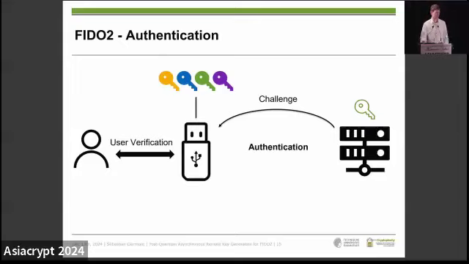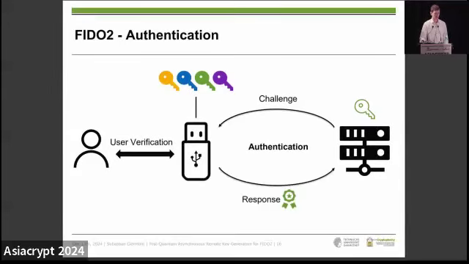This is realized using some kind of personal identification number or biometrics. Once the secret is unlocked, a response is calculated, which is just a signature on the challenge value with some additional data, and is sent back to the relying party. If the signature is valid, the authentication is successful.